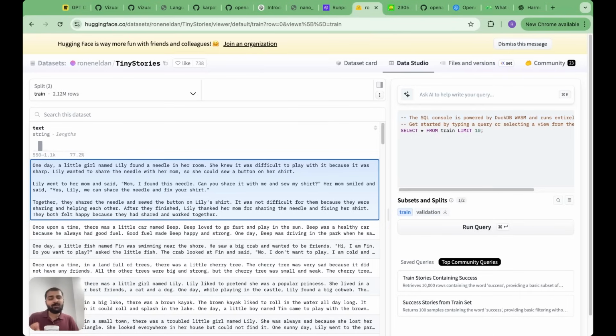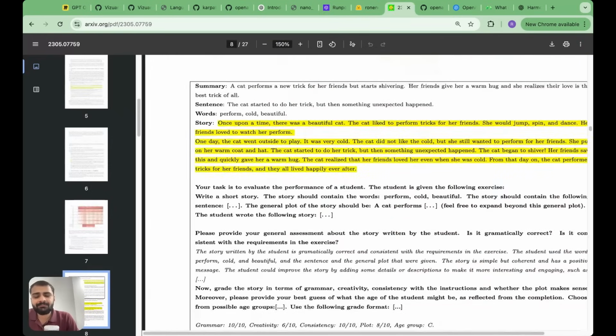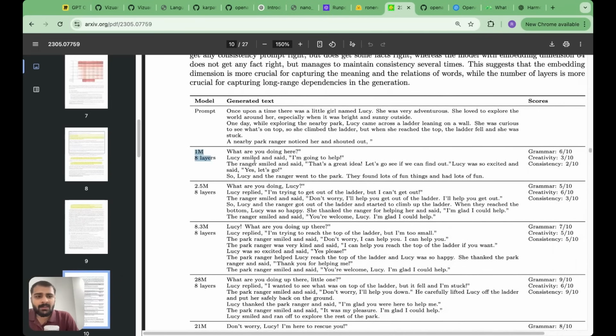So the real test of whether our model has worked or not is if it's able to produce new stories during inference time, right?